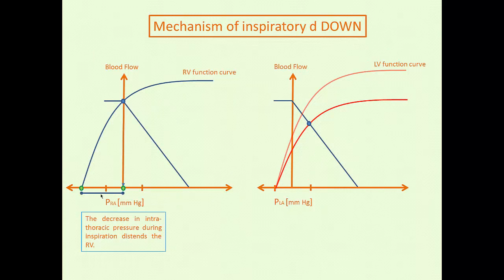Well, the increase in the distending pressure that you see during inspiration actually can impair the compliance of the left ventricle. Most people describe this as a bowing of the septum into the left ventricle, but you don't necessarily even have to see a bowing.